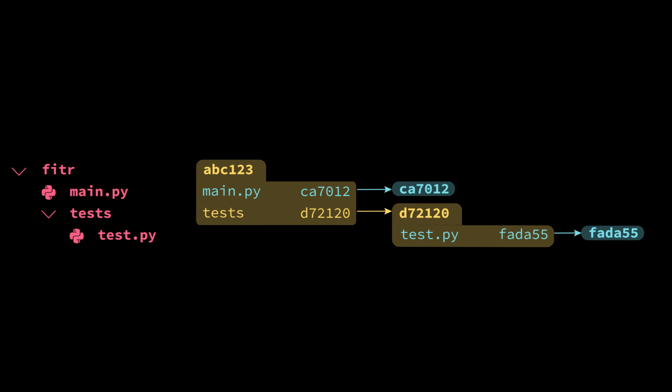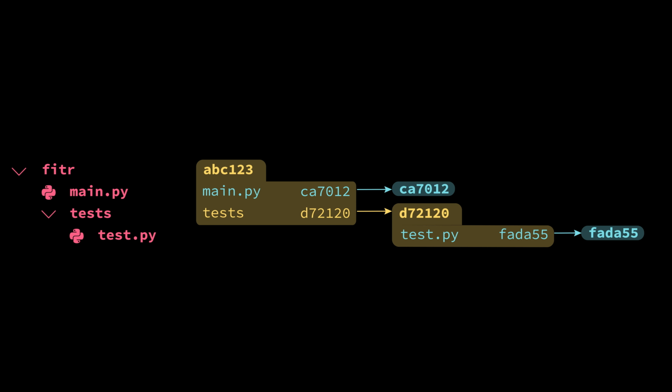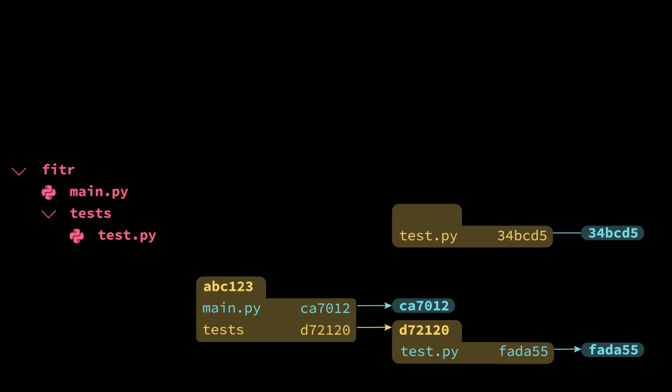Let me show you. What happens if the contents of the file in this tests subdirectory changes? Well, the checksum of the file also changes, so Git creates a new blob for it. So far so good. Then we need to plug this new checksum in its parent tree. And we have a different tree all of a sudden, with a new checksum for the directory.